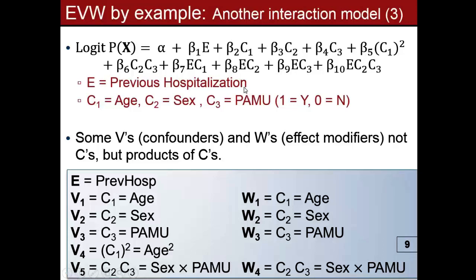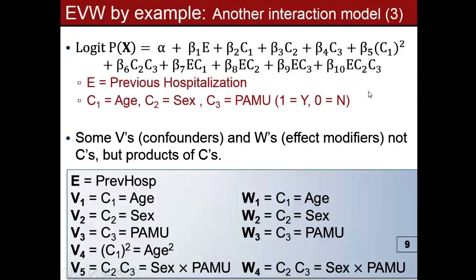Now, when you start to include interaction terms with the exposure, then they're actually effect modifiers. And so here we see that age, sex, and PAMU are all being multiplied with the exposure in this beta 7, 8, 9.